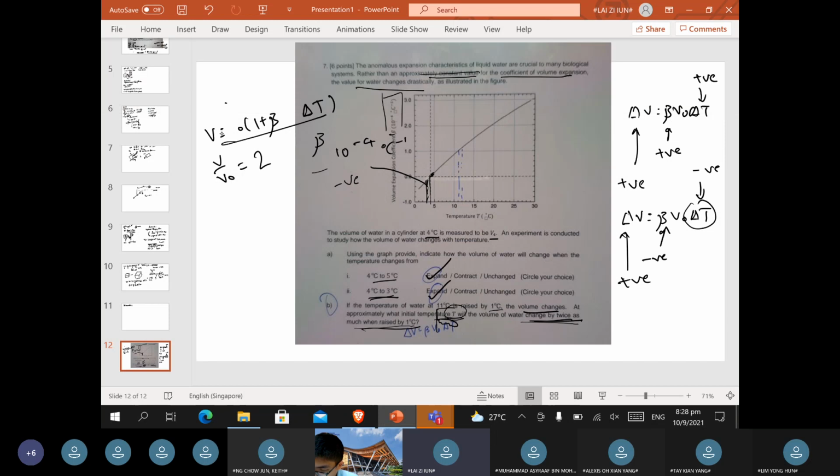So let me remove this. Okay, so at 11 degrees C, we know that β is about 1.1, right? So we use the formula, I think it's better.